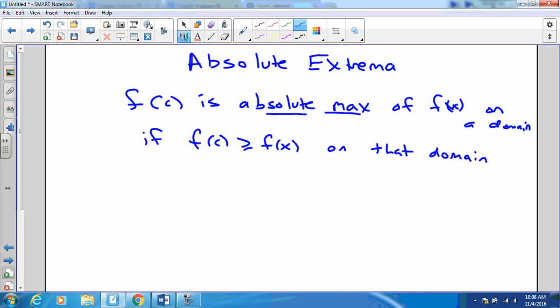Now, I've deliberately used this vague phrase on a domain because the domain could be an open interval, it could be a closed interval, it could be the union of intervals, it could even weirdly simply be a random set of points. It can be any set of points.